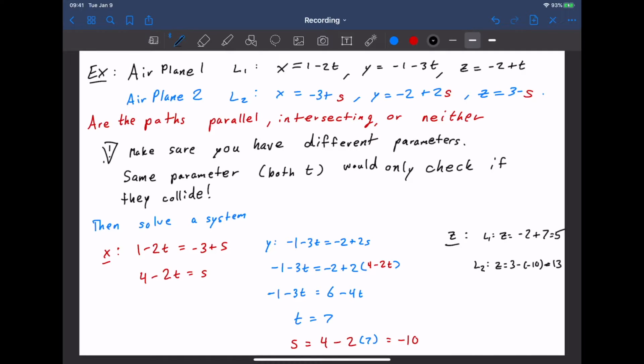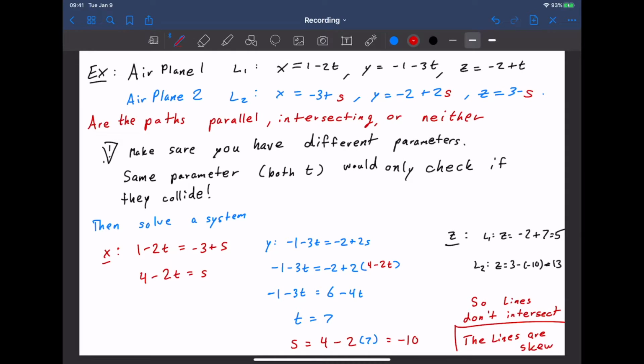So when they are at the same XY position, they're at vastly different heights, right? 5 miles up for L1, 13 miles up for L2. This means the lines don't intersect. And because we already checked parallel, it means the lines are skew. And that's my final answer.